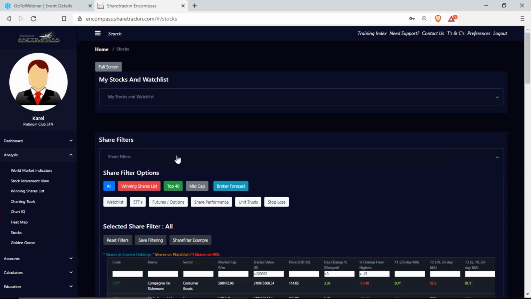So if we get to our share folder, your share folder enables you to search out shares within a specific range. So if we look here, we have our all shares. Your all shares, meaning this is all the shares on the JSE currently that is active.